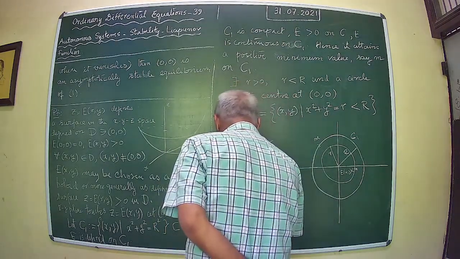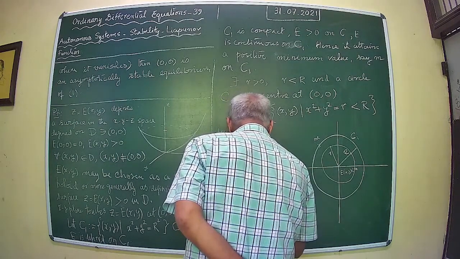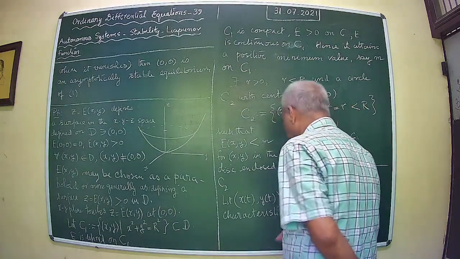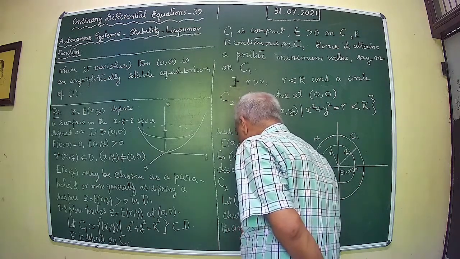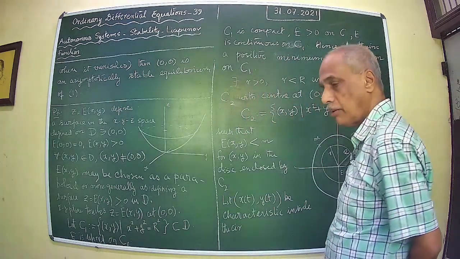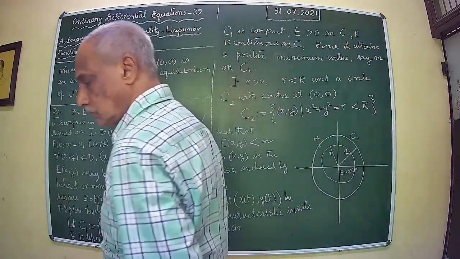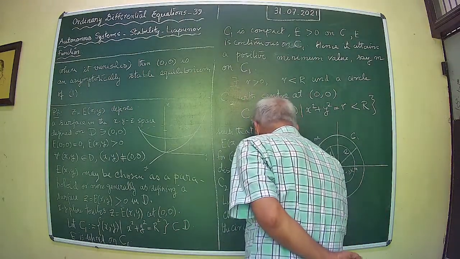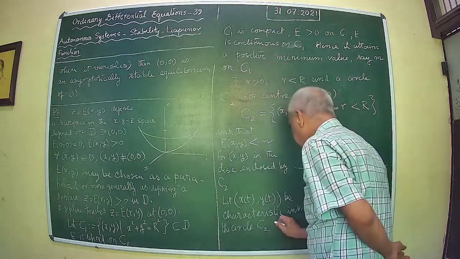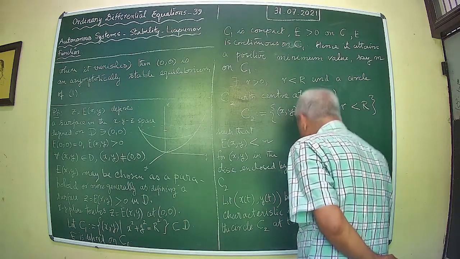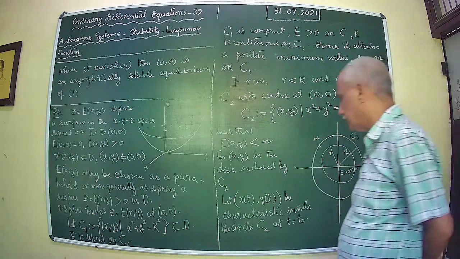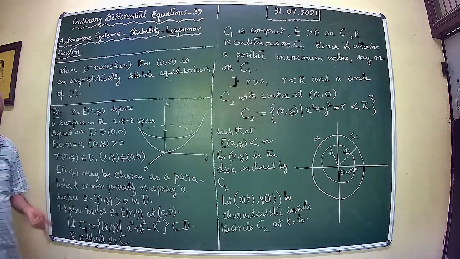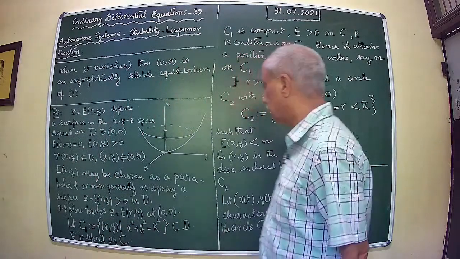Okay, so let there be a characteristic inside the circle C2, that is x(t0), y(t0) is a point lying in the disk enclosed by or disk defined by the circle C2.